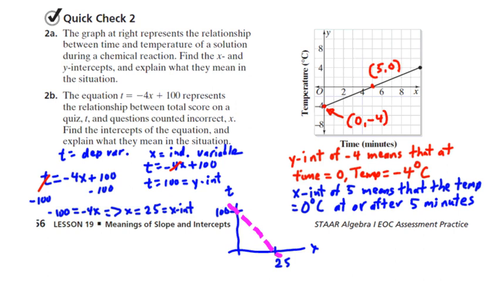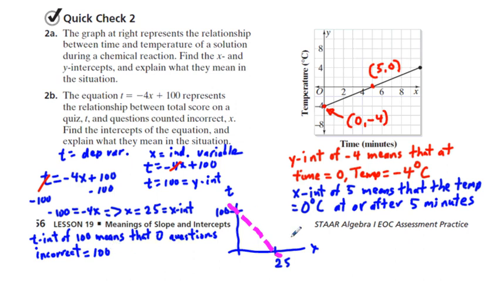So if we get our t-intercept of 100, it means that 0 questions incorrect gives you a score of 100.